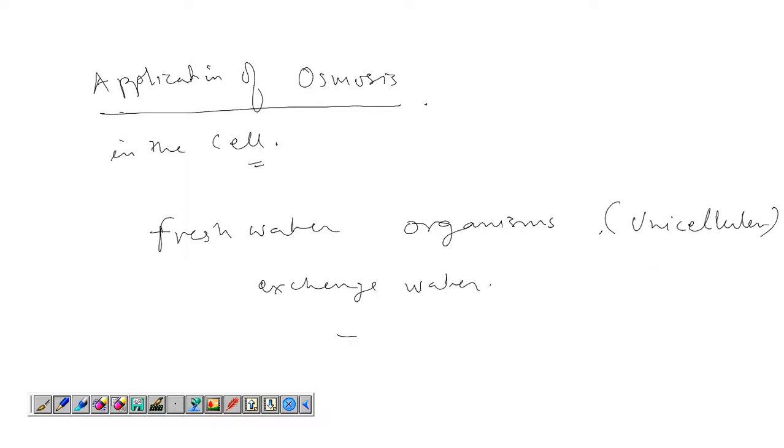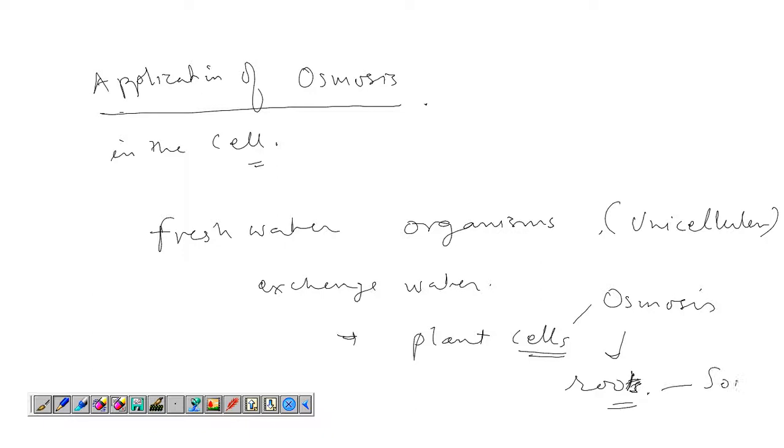This also happens with plant cells. Plant cells also use the process of osmosis in their roots to get water from the soil.